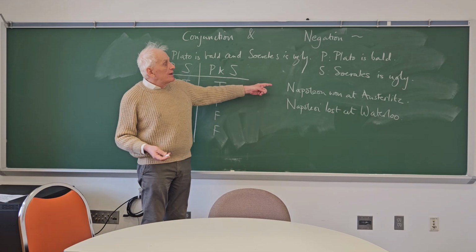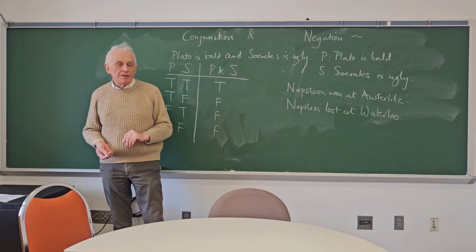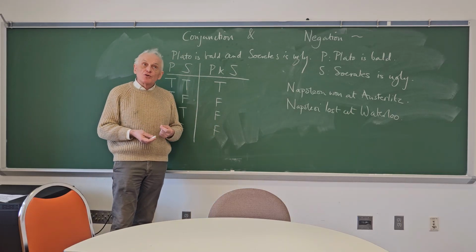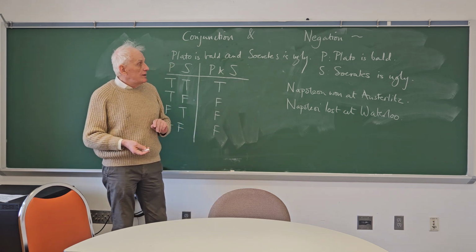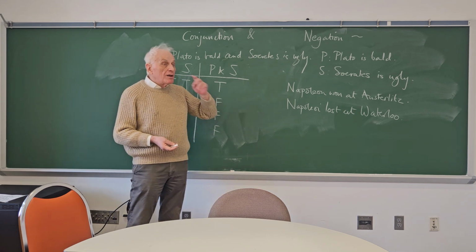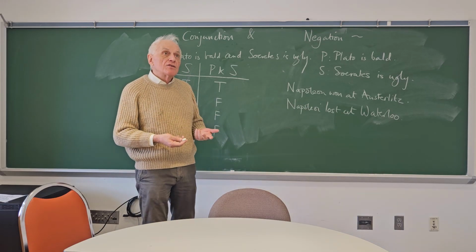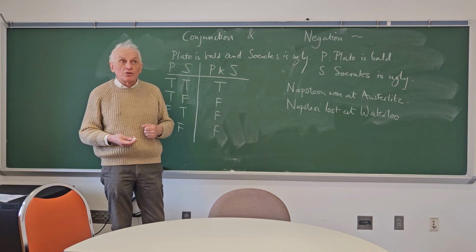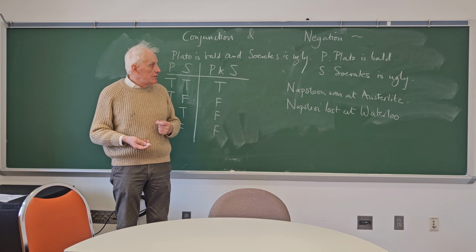So if Napoleon won at Austerlitz, which he did, and if he lost at Waterloo, which he did, then the conjunction of these 2 is true. But if Napoleon had lost at Austerlitz, or if Napoleon had won at Waterloo, or both of those things, then the sentence Napoleon won at Austerlitz and Napoleon lost at Waterloo would be false. So conjunction is a truth functional connective.